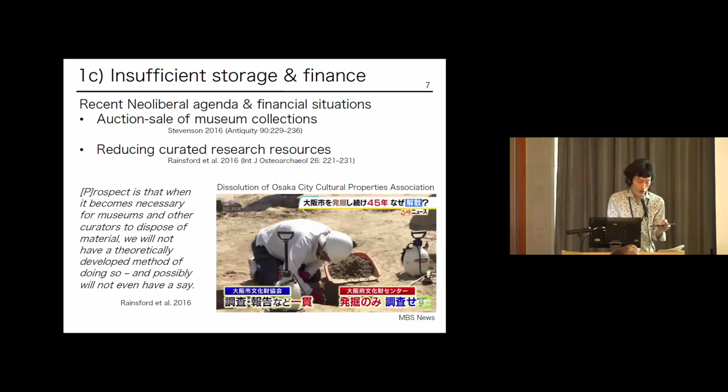Most researchers do not want to talk about the disposal of specimens. However, researchers who have published papers on the reduction of archaeological specimens are concerned that when the time comes to reduce specimens, we do not have a theoretically developed, effective method.